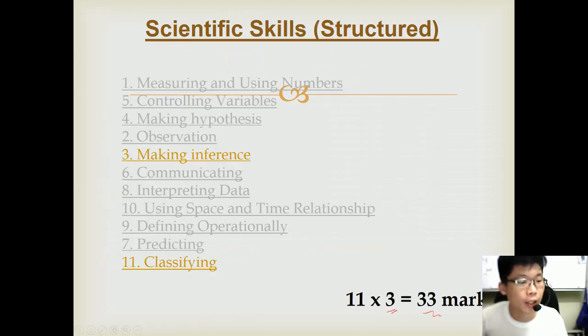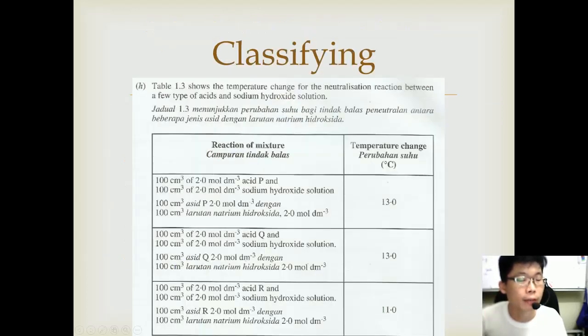Then the last question, normally you'll be classifying. You'll be given some substances or some criteria and asked to classify. Have a look at this question. This table shows the temperature change for the neutralization between a few types of acid and sodium hydroxide.